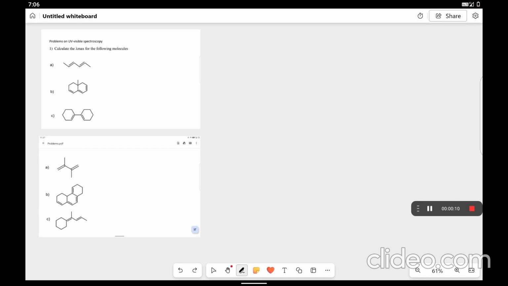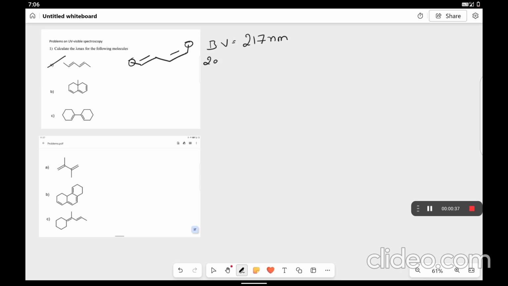So let us take the first example. In this case, this is the butadiene structure. We have to add the basic value 217 nanometer. To this, two alkyl substituents are there. For each alkyl substituent, we have to add 5 nanometer.